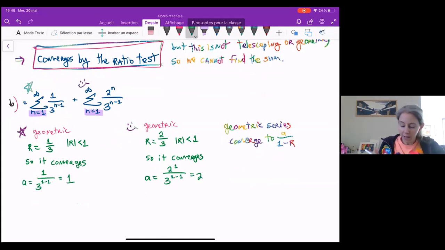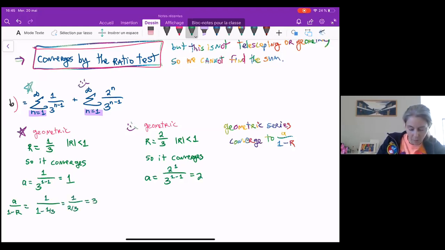Now we can plug into a over 1 minus r. So I get 1 over 1 minus 1/3, which is 3 over 2. And then over here we have a over 1 minus r, which is 2 over 1 minus 2/3.